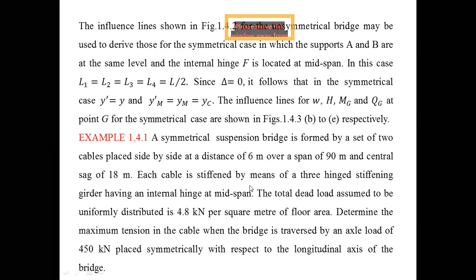Each cable is stiffened by means of a 3-hinged stiffening girder having an internal hinge at midspan. Now the internal hinge is kept at the midspan. In the previous problem it is not there.